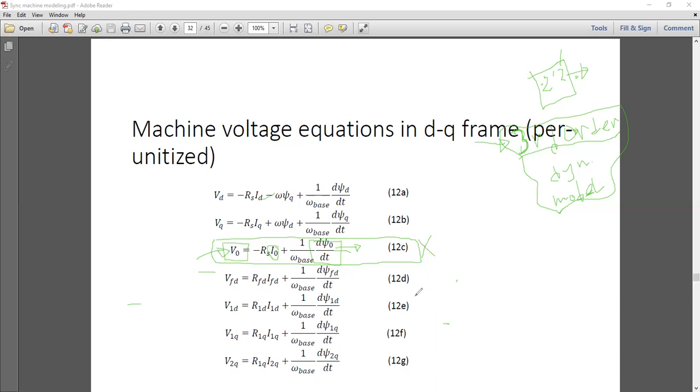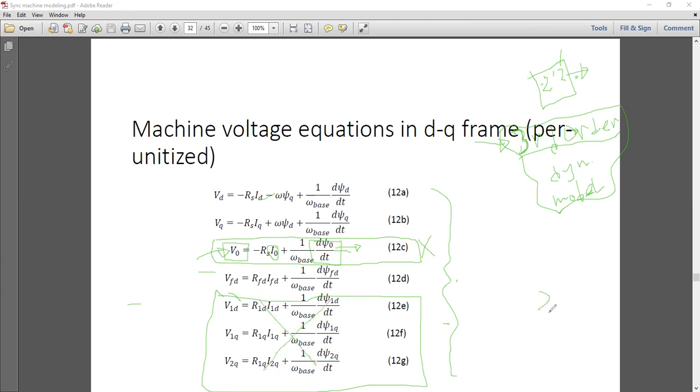If you get rid of the damper windings, which equations will vanish from this set? If we get rid of damper windings or damper coils altogether, 12E, F, G. 12E, F, G, excellent. So these three are related with the damper coils, so these three we will not assume anymore.